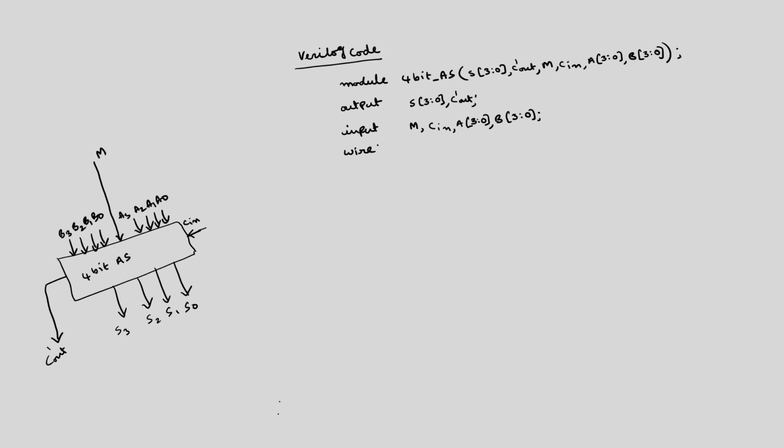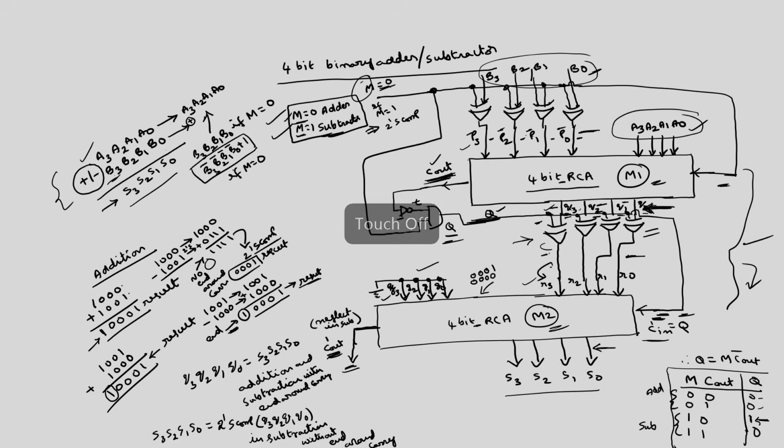Wire G 3:0, P 3:0, Q 3:0, R 3:0, and then you have C out, the output of the NOT gate we have defined as T, and the overall output you have defined as Q. This C out, this T and this Q I have defined as wires.